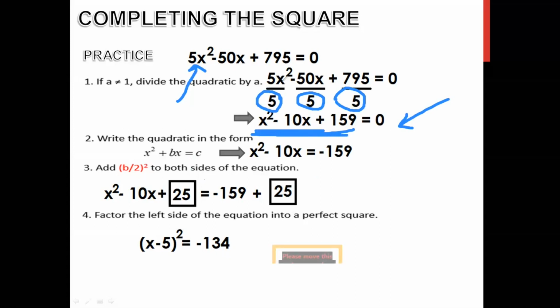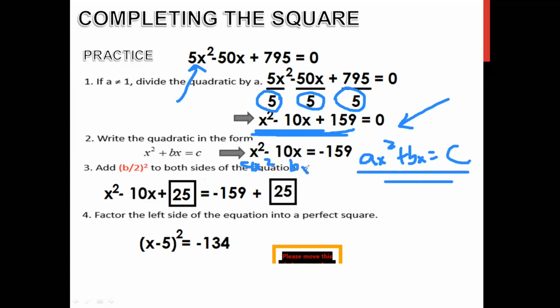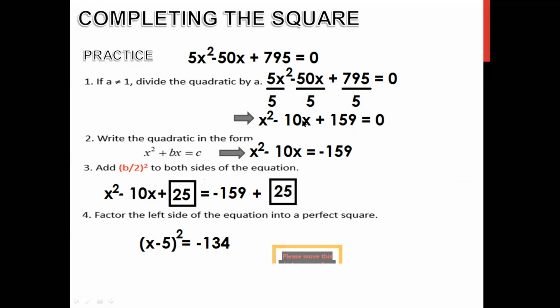Then after that, go back to the first step. Change the quadratic into the form x squared plus bx is equal to c. So this is our x squared, this is our bx, and this is our c. Then add b half squared to both sides.